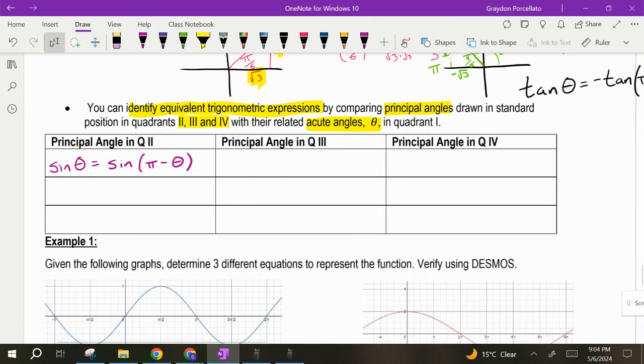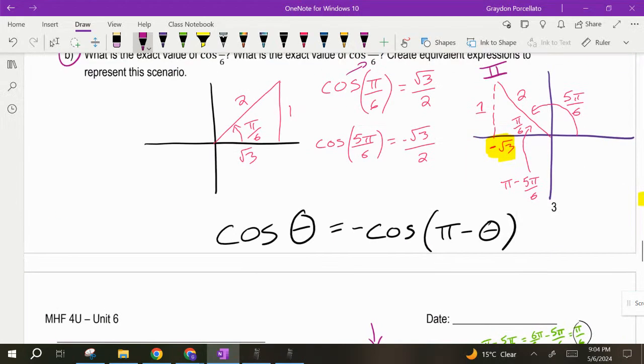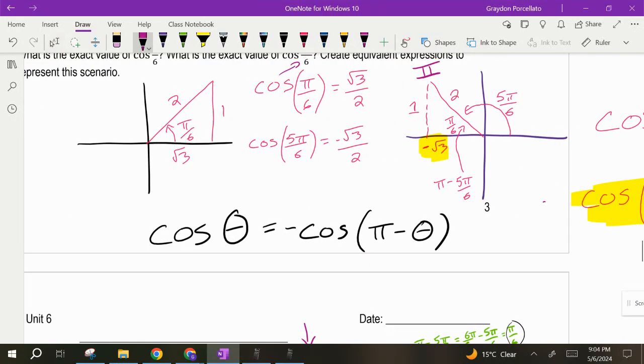Our second one was cos theta is equal to negative cos of pi minus theta, because cos is negative in the S quadrant, quadrant number 2.